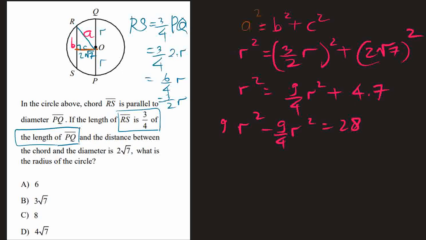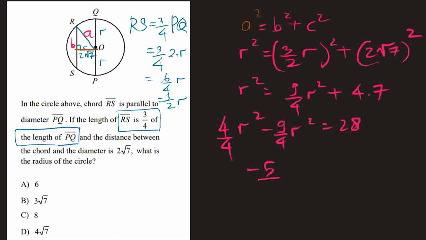Now this is 9/9 because 1 is equal to, sorry, it's 4/4. So we have to equalize the denominator, become 4. Now we have 4 minus 9 is minus 5 over. Oh, there's a mistake here.